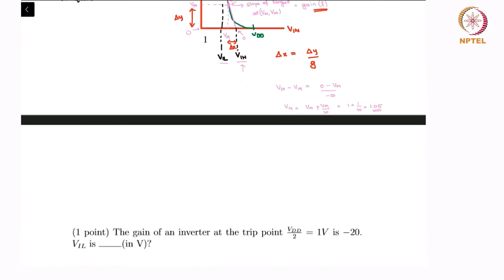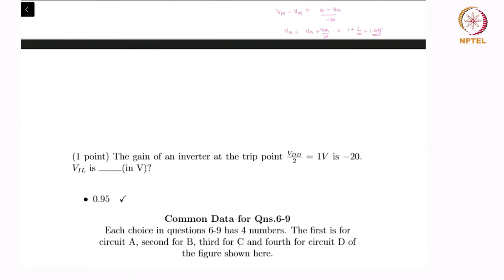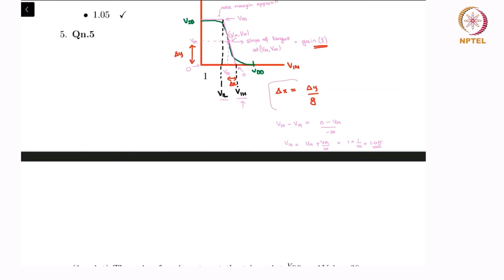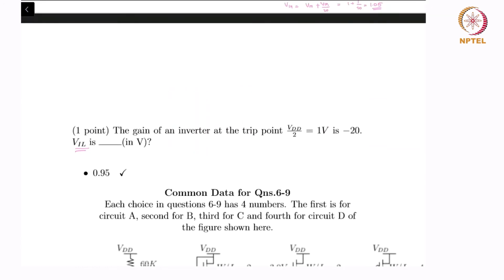And similarly in question 5, you can find the VIL either by getting the formula from the lecture notes, or by doing it by the delta x delta y method for a line, and you will get it to be equal to 0.95.